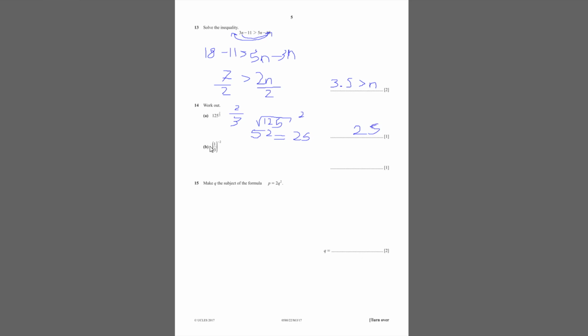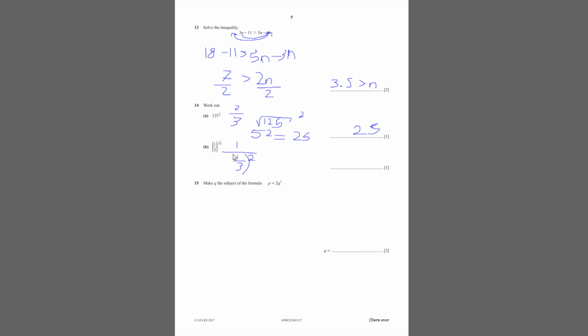Next, 14b. It's 1 over 3 in brackets to the power of negative 2. So a negative power means that I'm going to be putting it under 1. So it'll look like this: 1 over 1/3 squared.